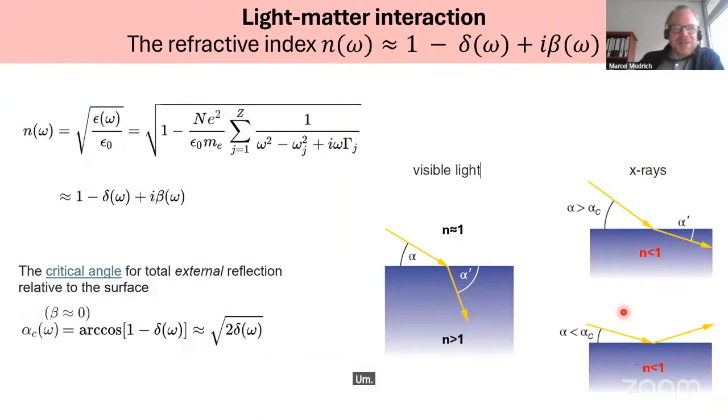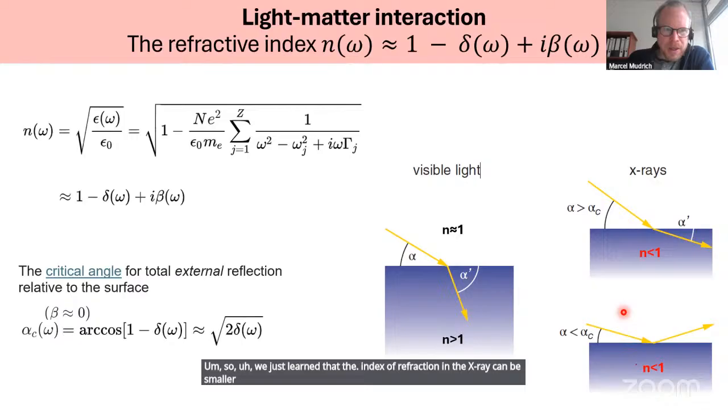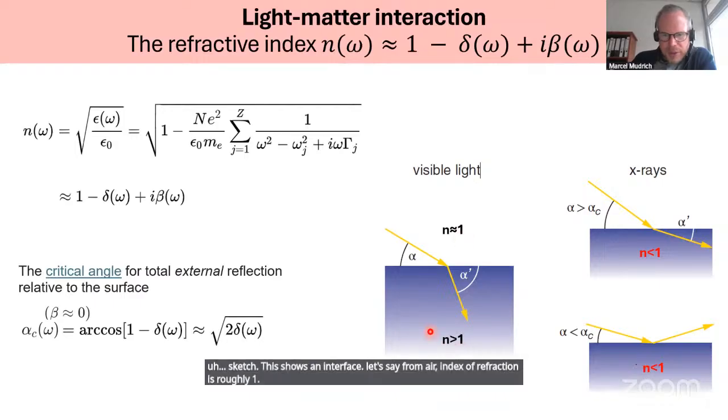So we just learned that the index of refraction in the X-ray can be smaller than 1. So what does this mean for refraction? If we look first at the middle sketch here, this shows an interface, let's say from air, index of refraction roughly 1, into water, for example.